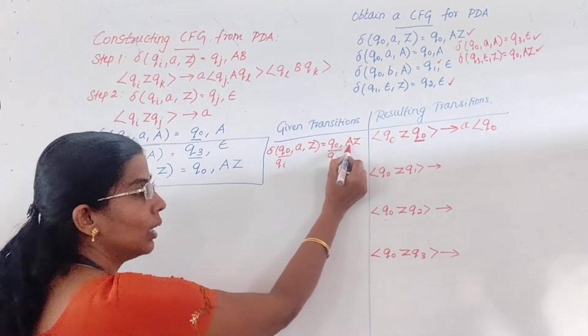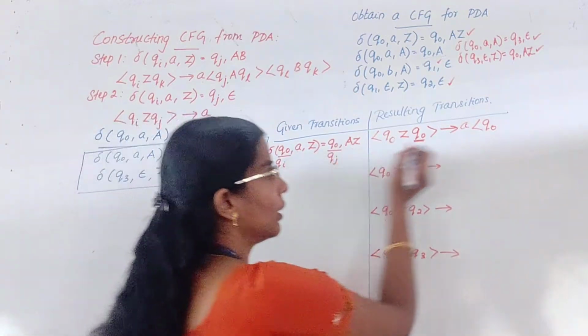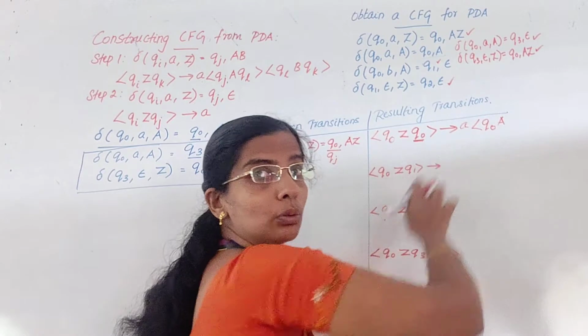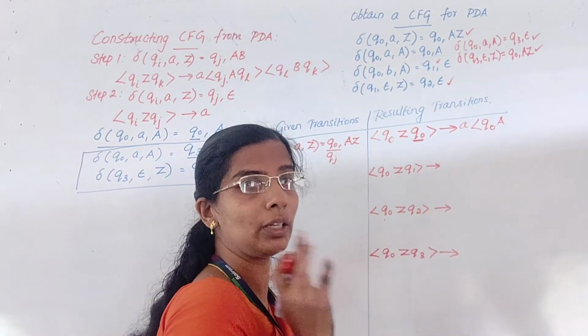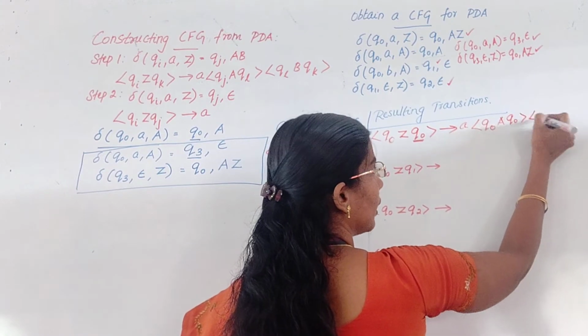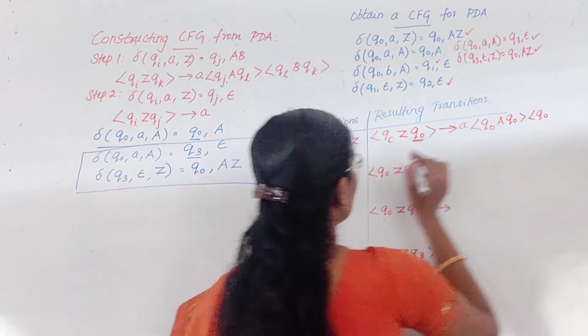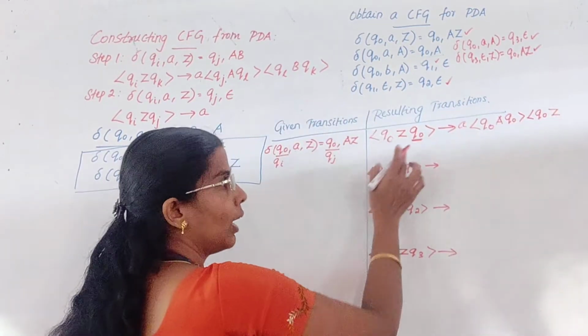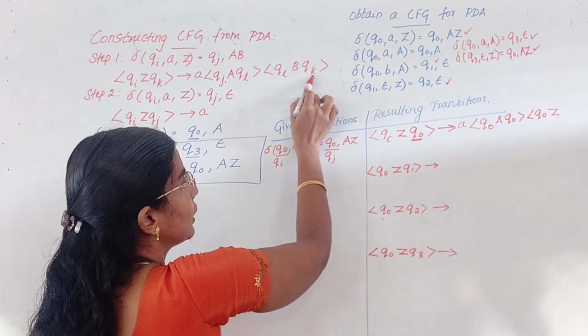What about your non-terminals A and Z? A, and here I am supposed to write my L values. So the first possible L value I will take as Q0. Q0, right, Q0, it is A, Z. So I will write Z and it should be completed with Qk.